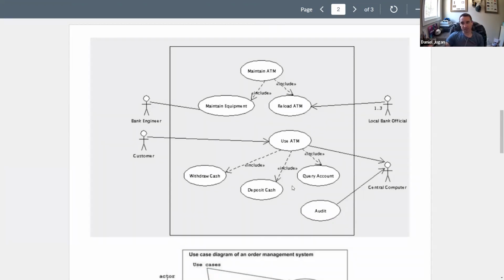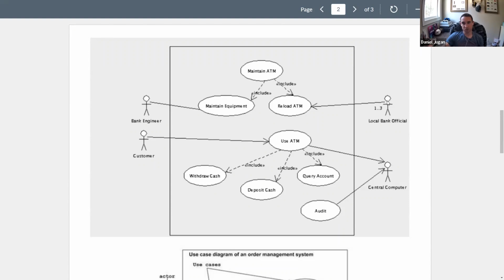It's a banking system, and you've got 4 different actors. You have the bank engineer that maintains the equipment, it maintains the ATM, which includes maintaining equipment. We'll look at what these includes mean in a little bit, but we'll talk about that in a minute.